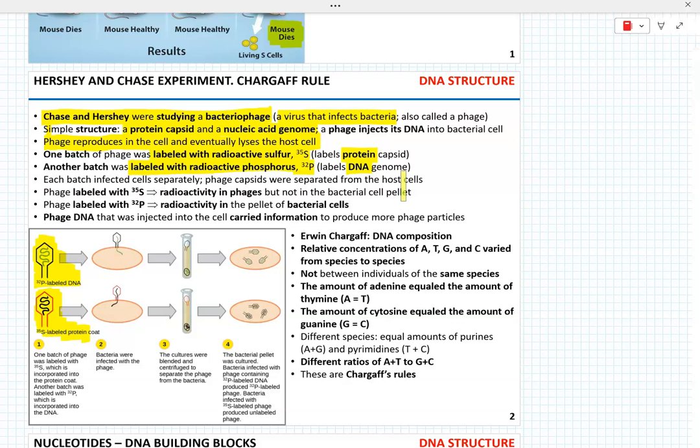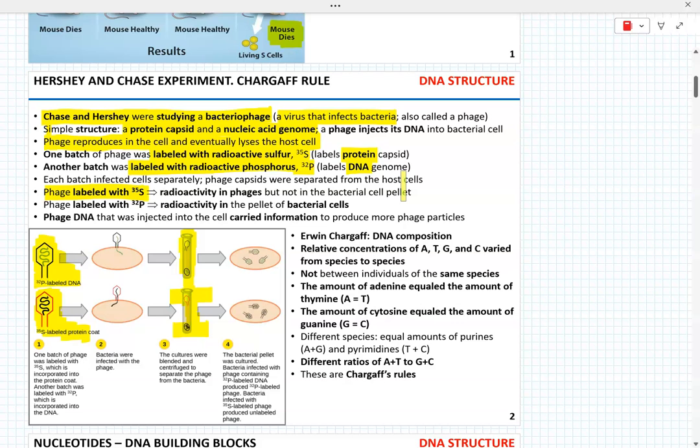And then they separated phage capsids from the host cells. It turns out that if the phage was labeled with sulfur-35, all radioactivity remained in the phage supernatant, but bacterial cells were not radioactive.